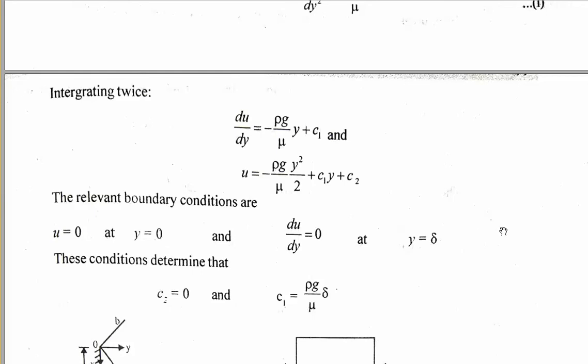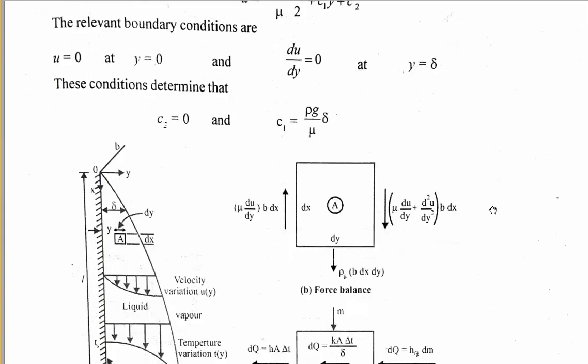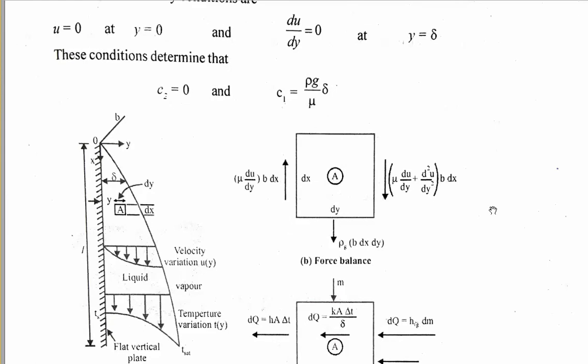When the relevant boundary conditions are applied, that u is equal to 0 at y equal to 0, and du by dy is also 0 at y equal to del, then c2 is equal to 0 and the value of c1 will be rho g del by mu.